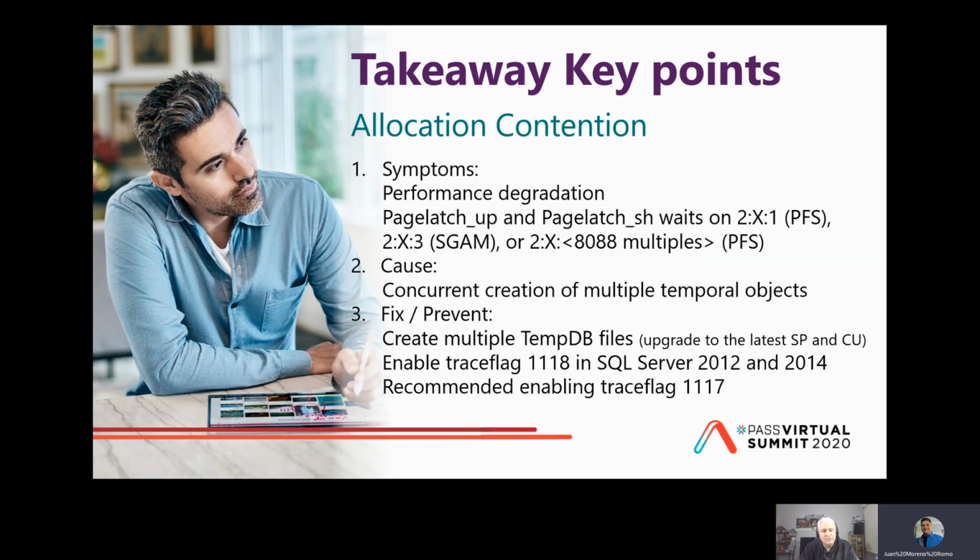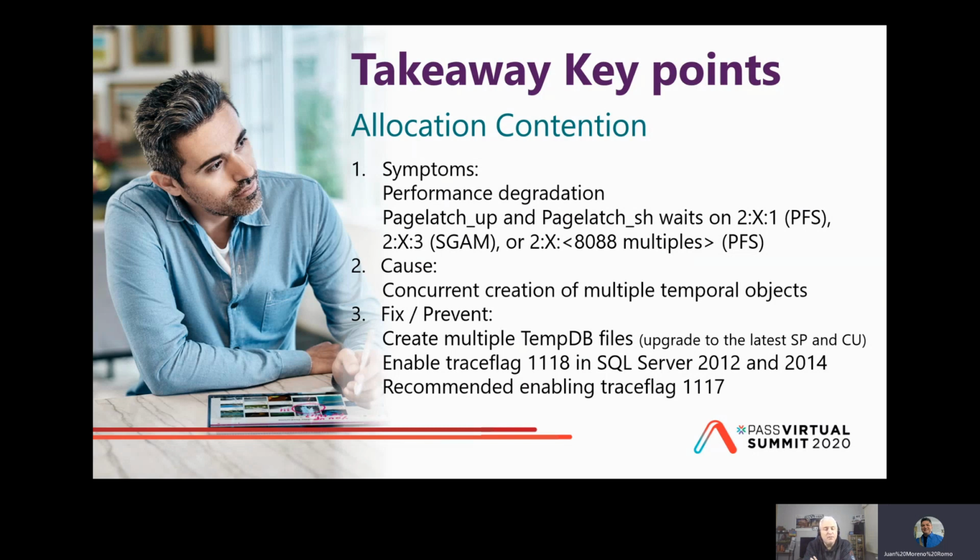If we have more than 8 logical cores, then we start with 8 tempdb files. Also, remember to upgrade to the latest service pack and CU of your SQL Server in order to take advantage of the PFS round robin, not only the tempdb file round robin, but also the PFS round robin inside the same file.